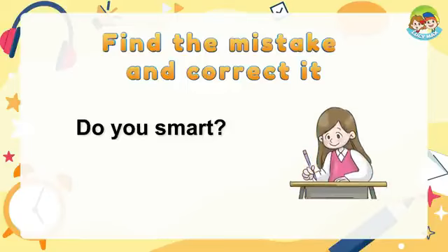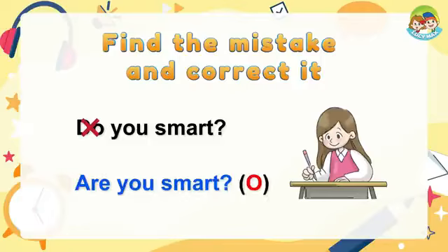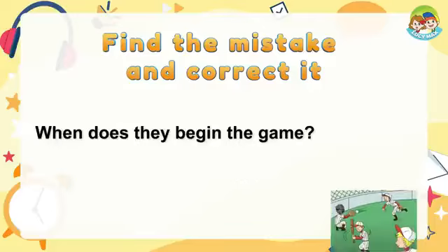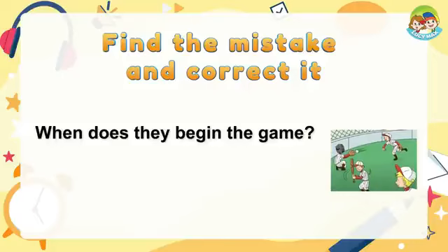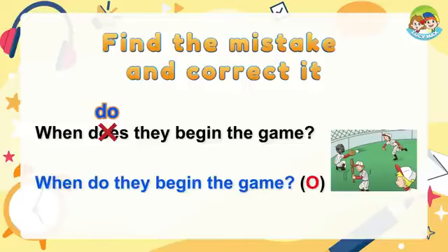There is no verb at the end, so you use a be verb. Are you smart? When does they begin the game? The pronoun they goes with do. So the question should ask, when do they begin the game?